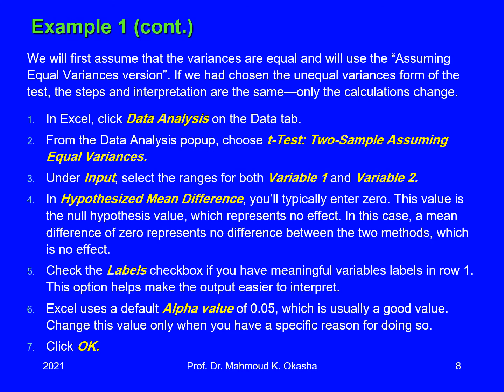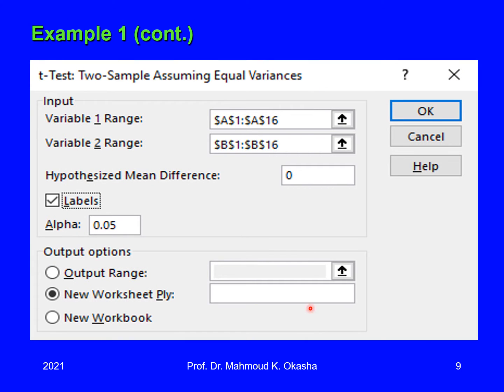That's it. You finish. Before clicking OK, you get that: the range from A1 to A16 for variable 1, and variable 2 ranges from B1 to B16. Notice that we put dollar signs here so that if you copy this range to another place, the references remain the same, but they are not necessary.